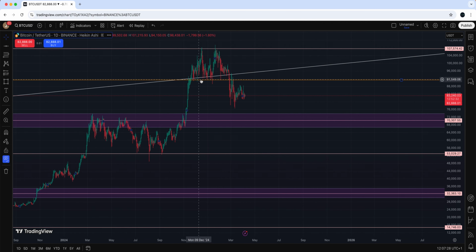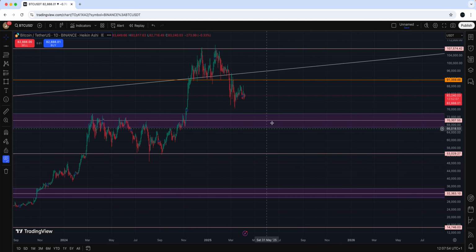So yeah, just putting in a line here. We had a retest and it's come down. Yeah, I believe that 73 is definitely on the cards, and like I said in previous videos, if we come below this and retest in here, yeah, we've got more room for downside.